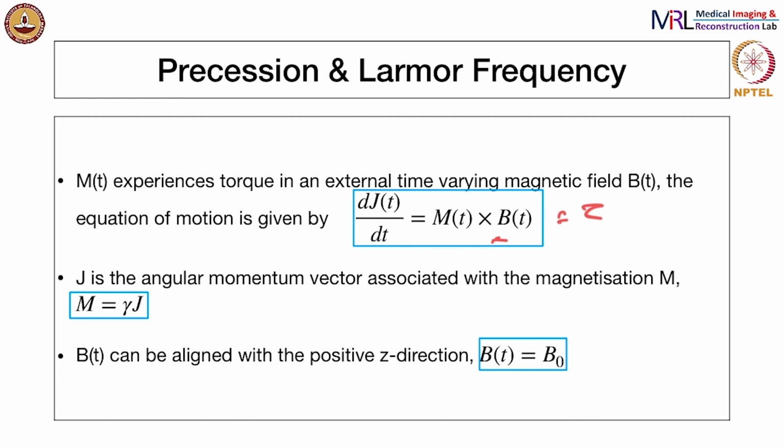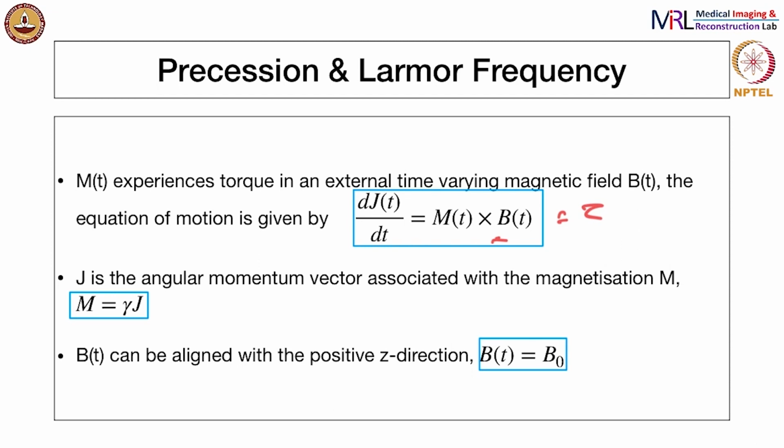Now why do we need this? Because this gives you the equations of motion, so to speak, of the magnetization vector itself. We know that J is the angular momentum vector associated with the magnetization M, so M is gamma J, and you can always substitute there. Also, we know that B can always be aligned with the positive Z direction, so we will say B is B0. This B0, as it is applied in an MR scanner, is a static magnetic field that is quite homogeneous and doesn't vary with time.